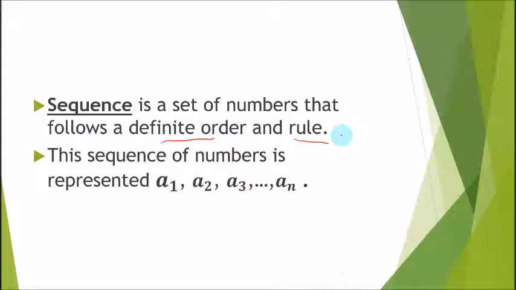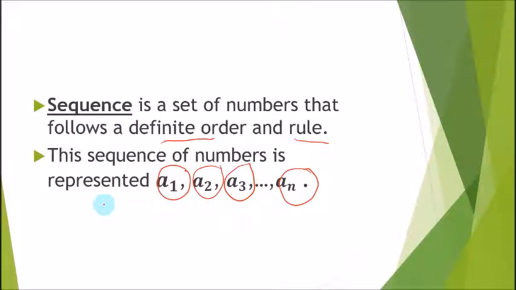Now, this sequence of numbers is represented by these notations: a sub 1, a sub 2, a sub 3, until a sub n. These are the numbers that you can find in your sequence.